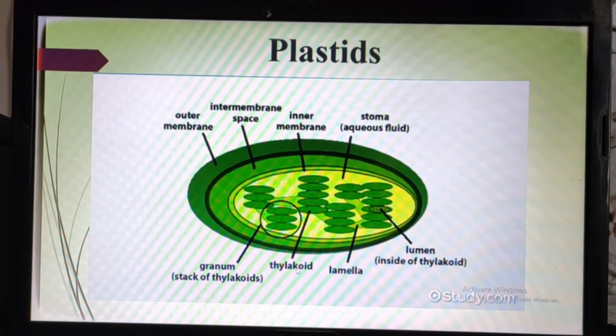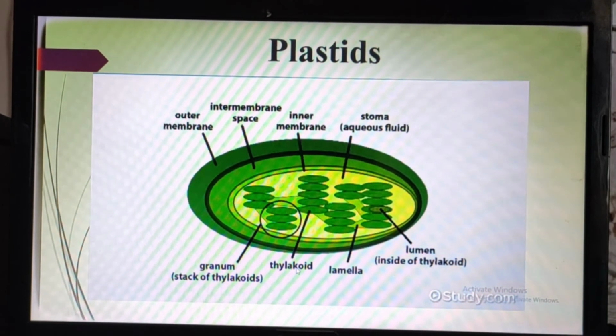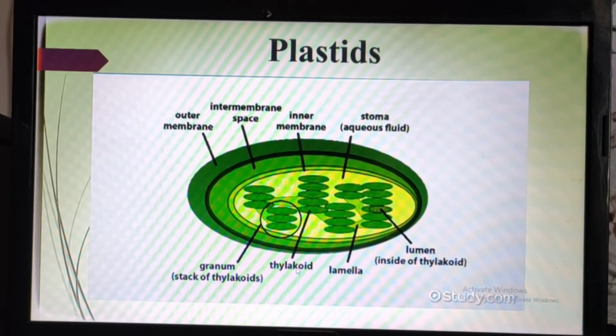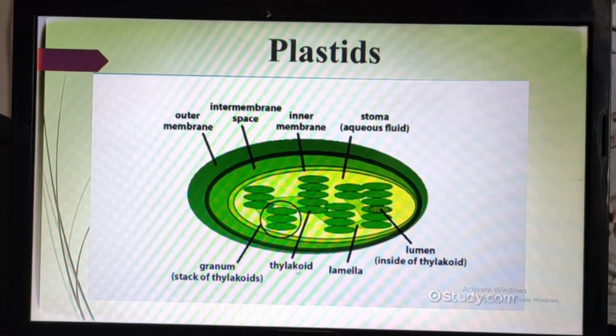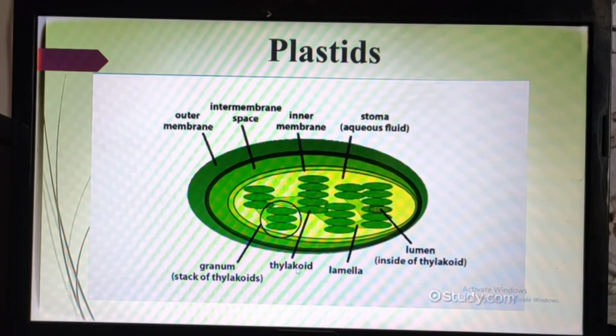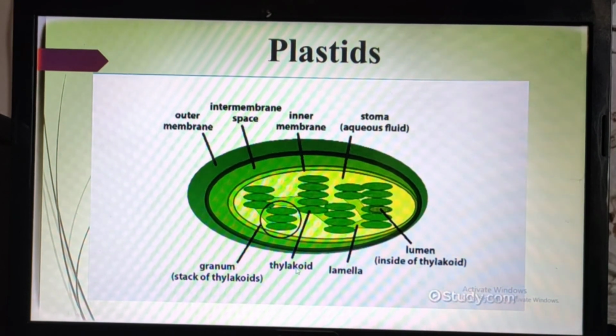This stroma also contains various enzymes which are helpful in photosynthesis, and also contains chloroplast DNA, ribosomes, etc.